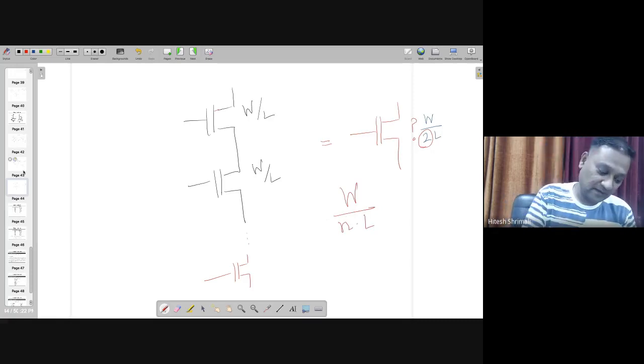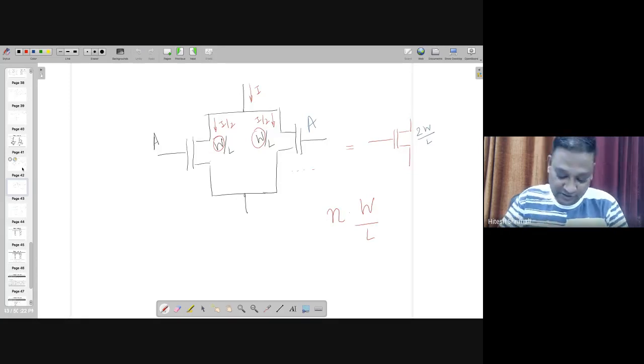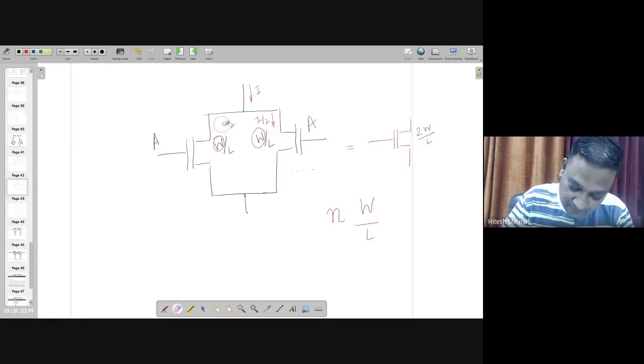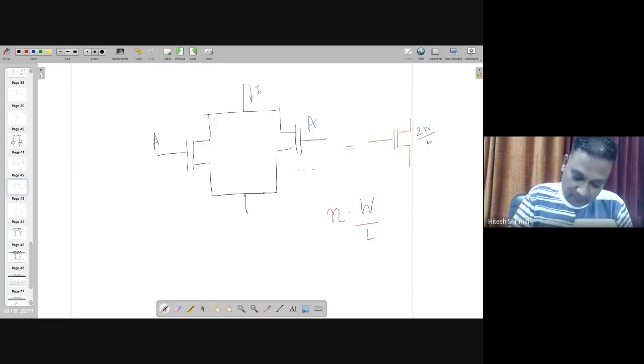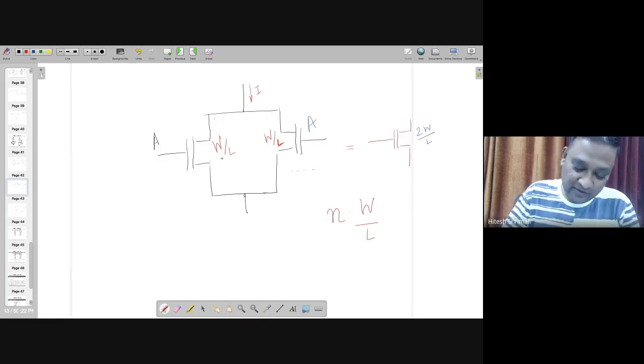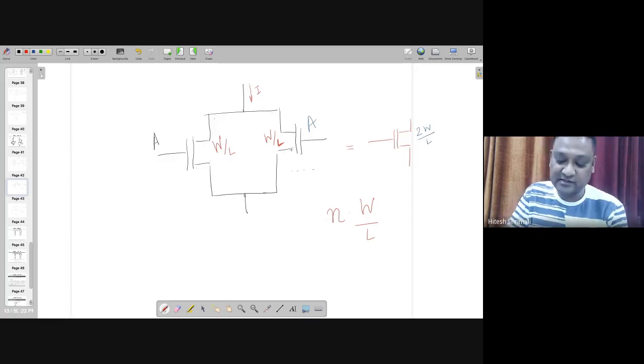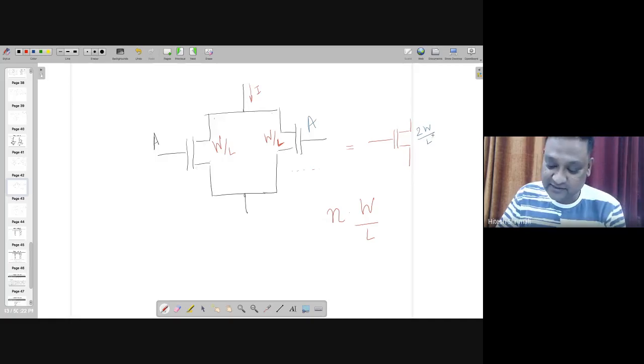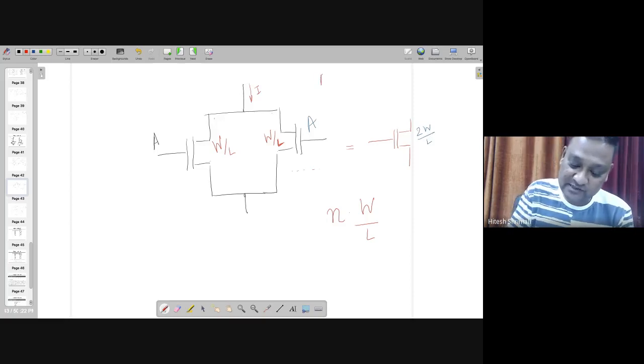Okay. Now, one more question here. Effectively, if you are keeping one particular transistor, and if you are keeping two transistors in parallel, the width is increasing, then what is going to happen to resistance, by the way? Somebody can tell me whether it will increase or decrease.